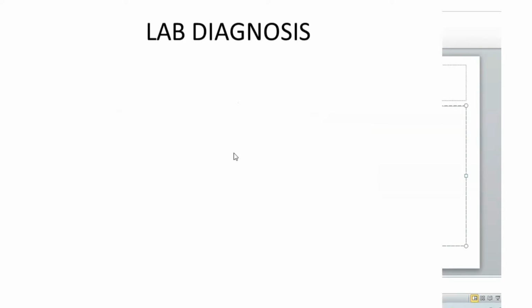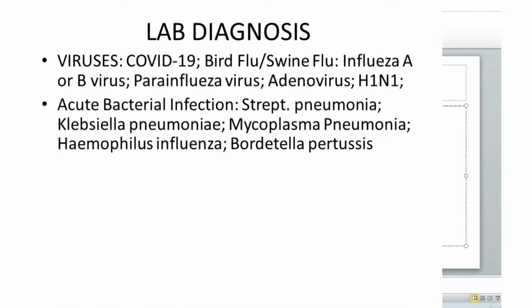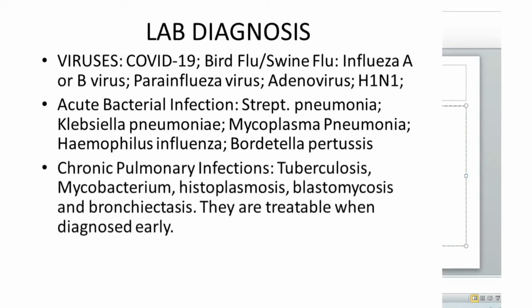Laboratory diagnosis of lung problems. We have all these types of viruses, so many, uncountable. COVID-19 is the latest. We have experienced the influenza A or B viruses, typed by their H1N1, H2N2, and so on. The bacterial infections too: the commonest, like I said, is Streptococcus pneumoniae. You also have Klebsiella pneumoniae, Mycoplasma pneumoniae, Haemophilus influenzae, and Bordetella pertussis causing whooping cough.